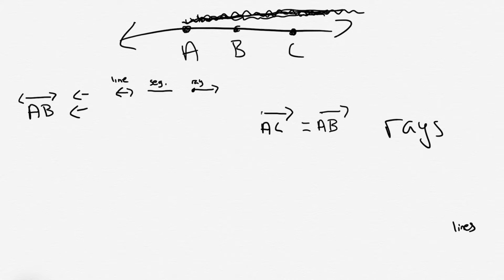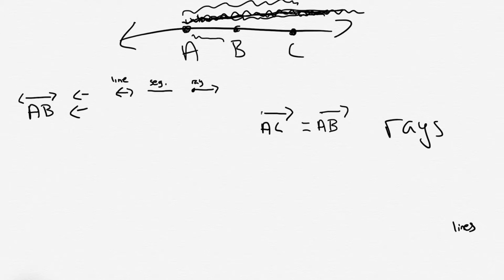Now, you might be looking at this and say, okay, well, AC is not the same as AB. And that's true. But if you said that, you would be talking about line segments, because line segments have 2 points on them. And these are not 2 points. This is, remember, denoted at the top, a point and an arrow.